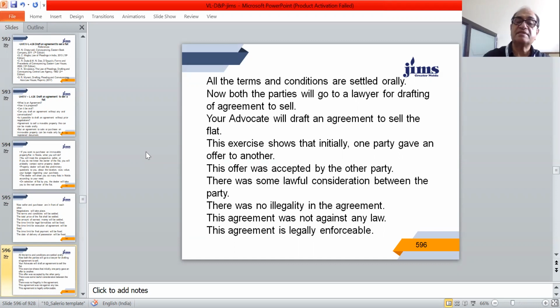So this exercise shows that initially one party gave an offer to another for sale of the flat. The offer was accepted by the other party, and there was some lawful consideration, say 1 crore rupees, between the parties. And there is no illegality in this agreement. This agreement was not against any law, and this agreement is legally enforceable.